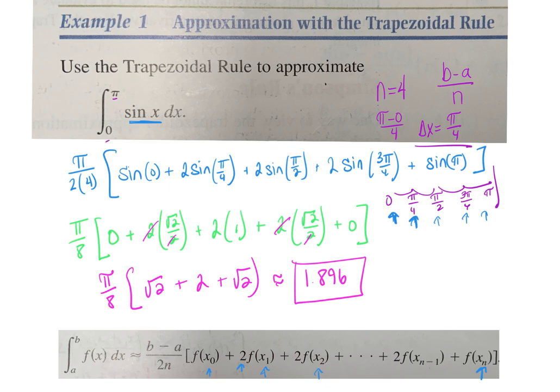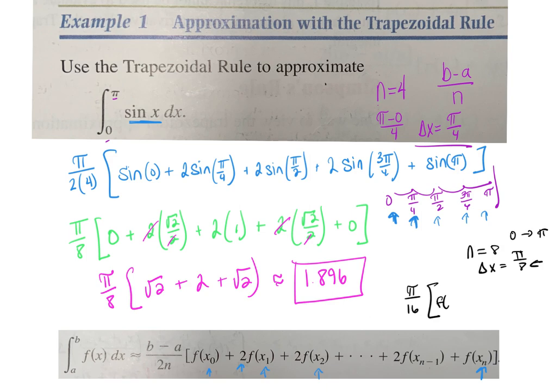If I had done 8 of those, let's talk about what would happen if I did 8. We're not going to do 8, I just want to show you. So let's say we did n equals 8. How would this change? Well, my delta x would now be pi over 8. Which means I would do b minus a over 2 times 8. And then I would plug in from 0 to pi, walking by pi over 8.